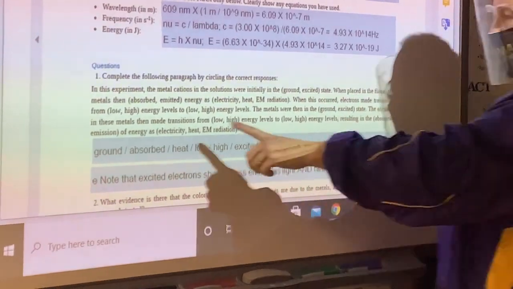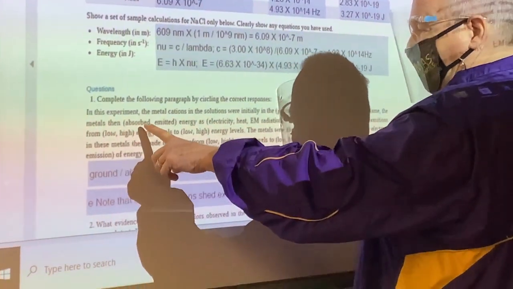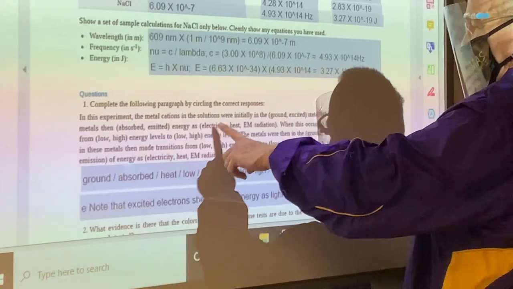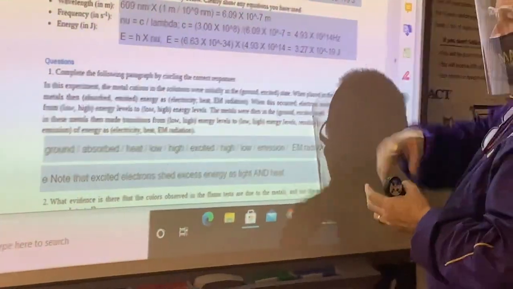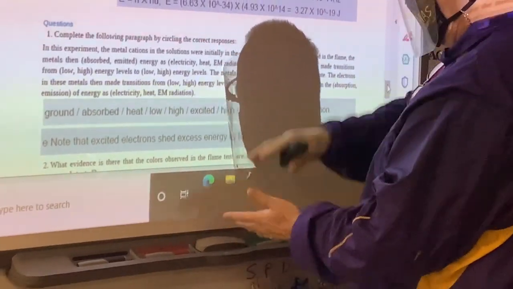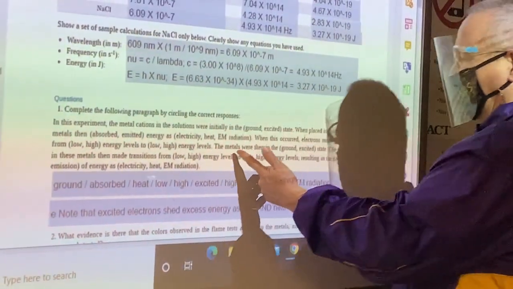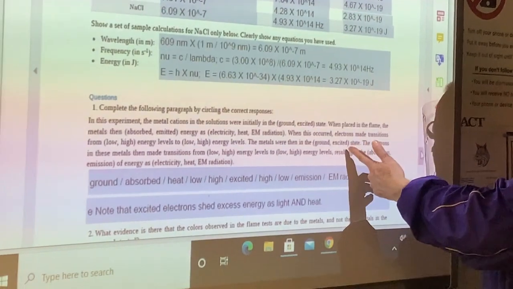When placed in the flame, the metals then absorbed energy as heat. And when this occurs, the electrons made transitions from low energy levels to high energy levels. The metals were then in the excited state.